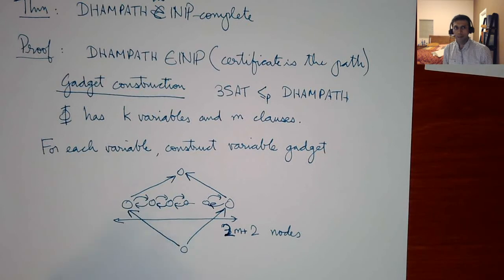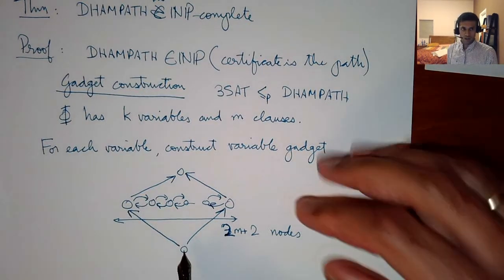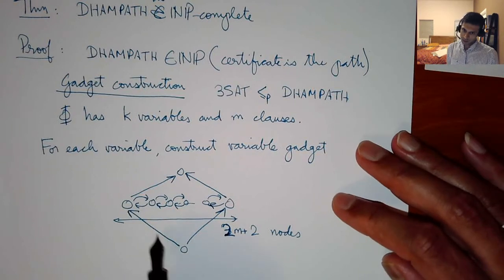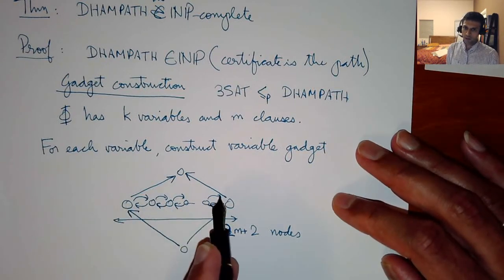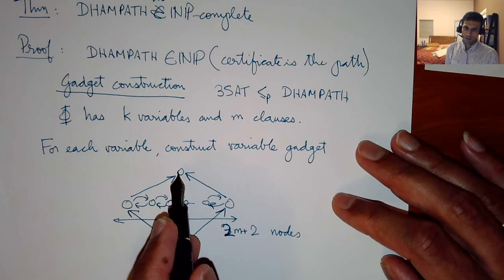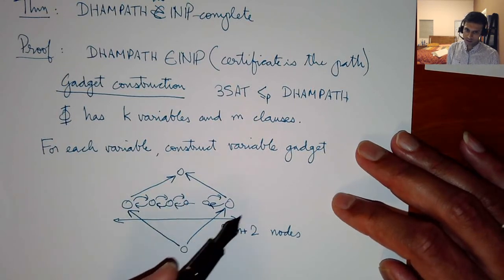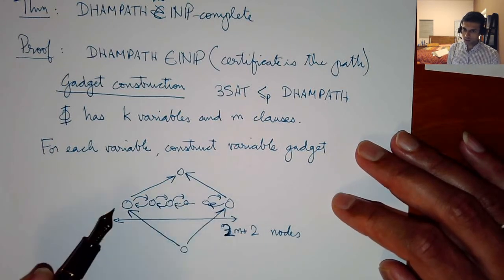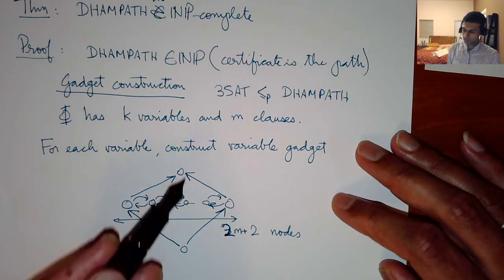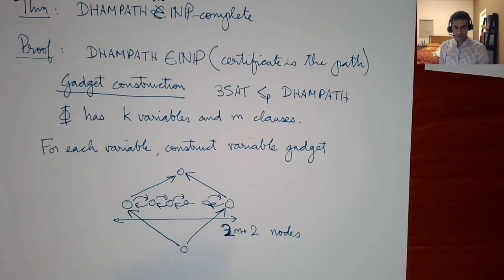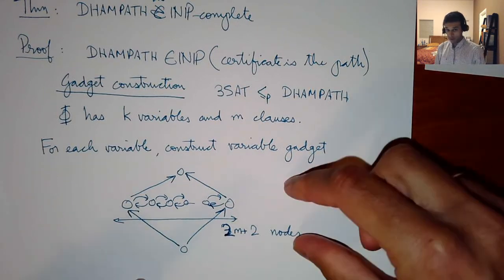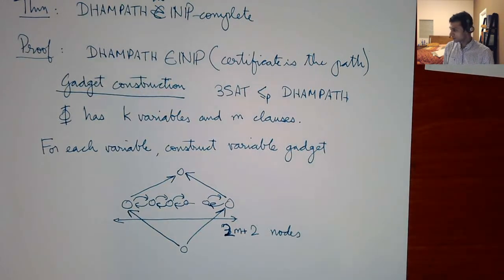So now think about a Hamiltonian path. A Hamiltonian path, if it's going to cover all these vertices, takes this path and then goes all the way here and then goes that way. Or it goes this way, all the way there and then goes this way. So it basically has these two ways of going, either left or right. And we are going to use the left or right to encode whether this variable becomes true or false.